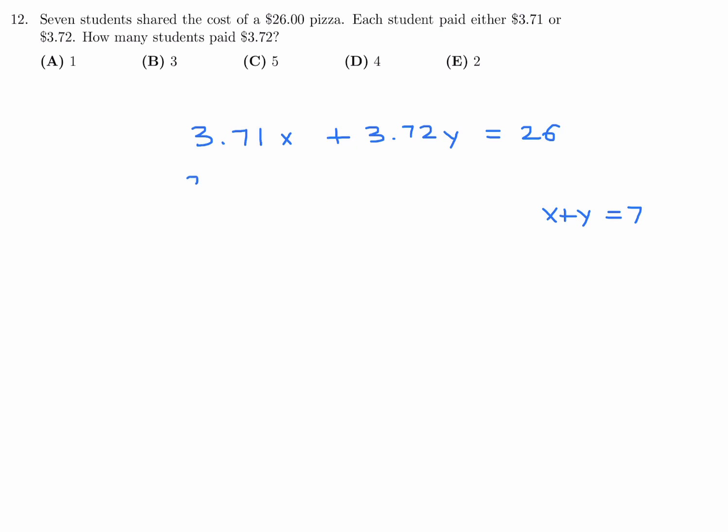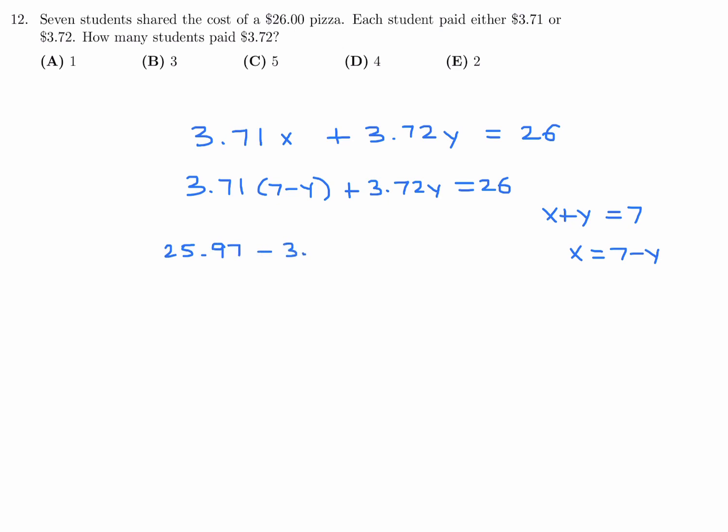So we can substitute. Instead of X, I can put in X is equal to 7 minus Y, right? So I can put in 7 minus Y. And then this one just remains 3.72Y, and that's equal to 26. So now we expand this, and you have the use of a calculator on the Canadian exam, so you can easily do this.